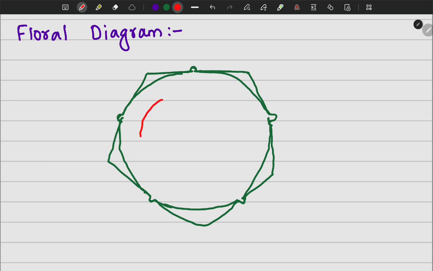So one petal here, one here, and these are gamosepalous, gamopetalous. So we will show the fusion like this.